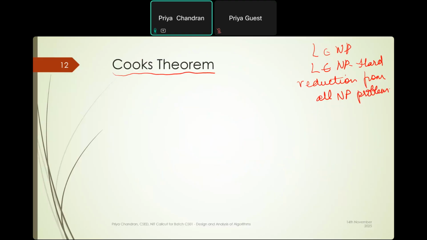But this was done in a very ingenious manner, or rather this was discovered by not just Cook alone. It's called the Cook-Levin theorem. They proved that one problem is NP complete, which is CNF SAT, or satisfiability.